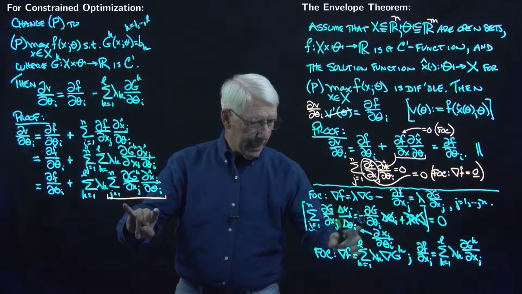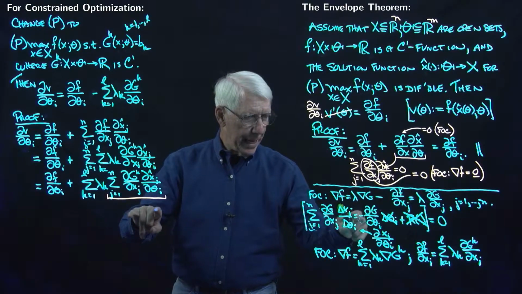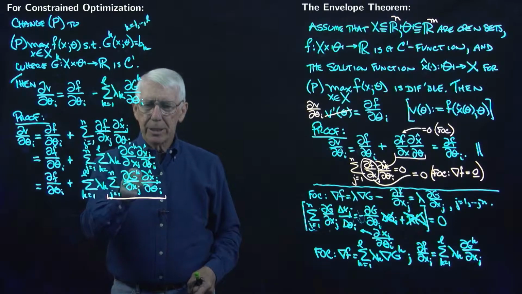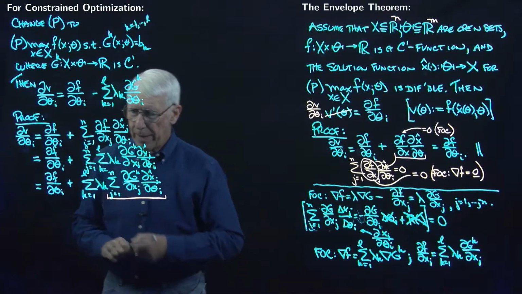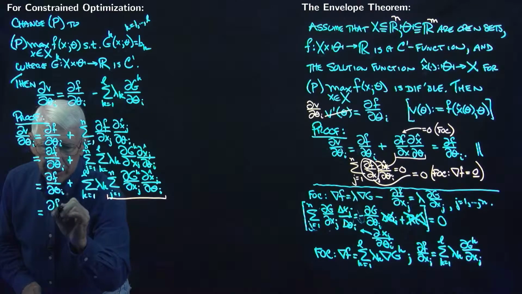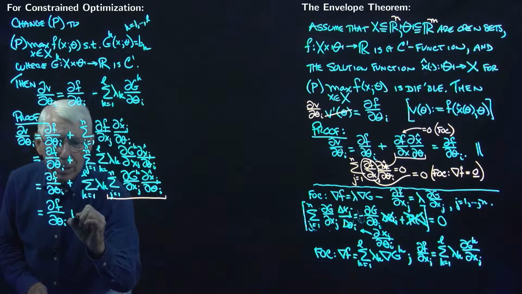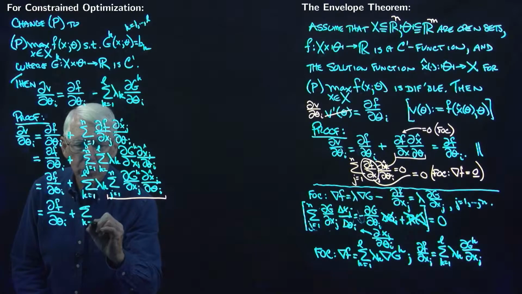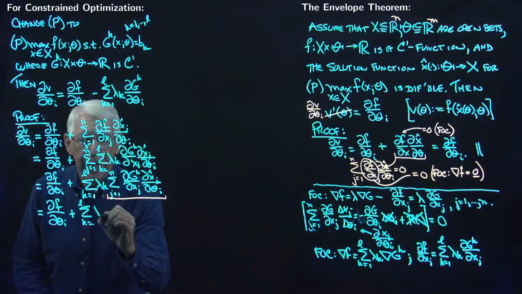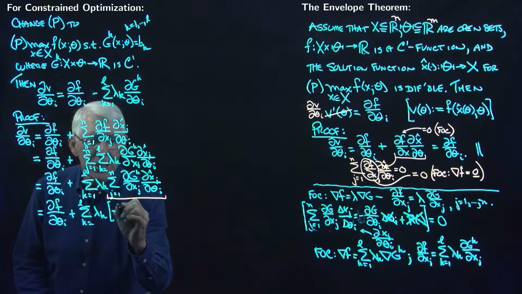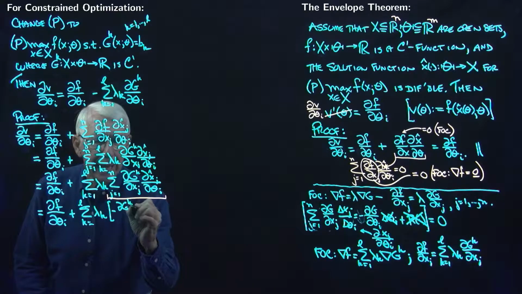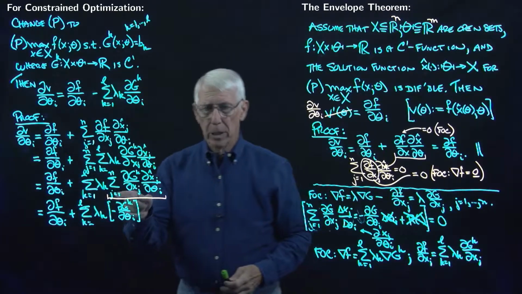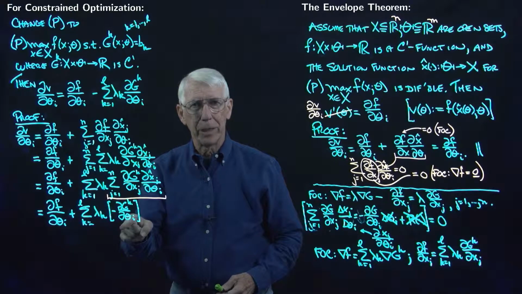And we transformed that into the negative of the derivative of g with respect to theta I. And so we now need to do that for each constraint, k equals 1 to L. So that means this is now going to be partial of f with respect to theta I plus the sum k equals 1 to L lambda k minus partial of gk with respect to theta I. So I just did the same thing we did in the proof a moment ago with the one constraint. I just did that with every one of the L constraints.